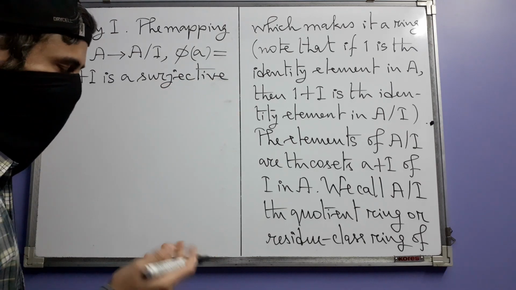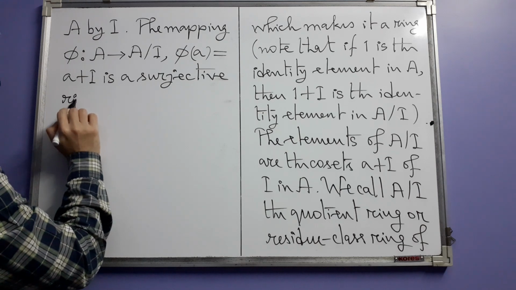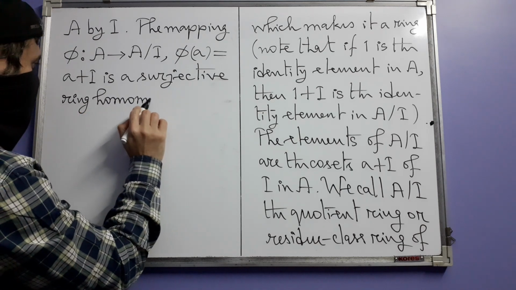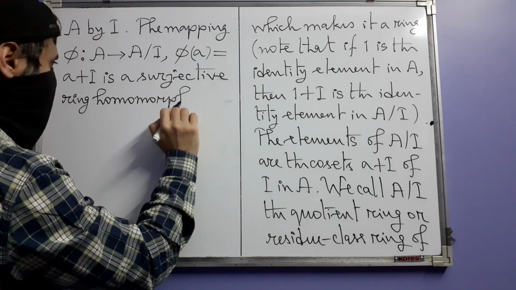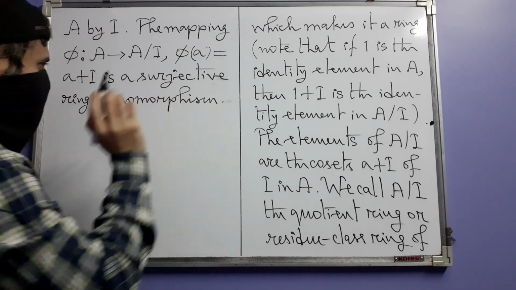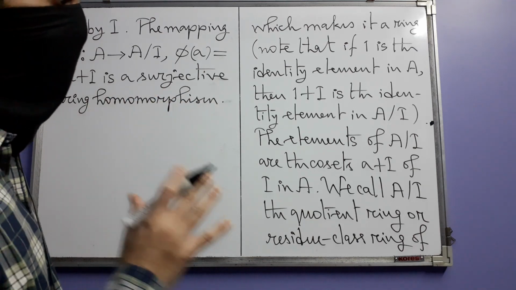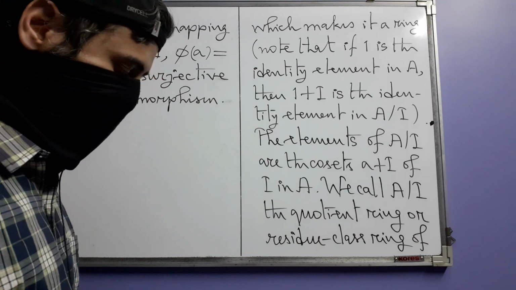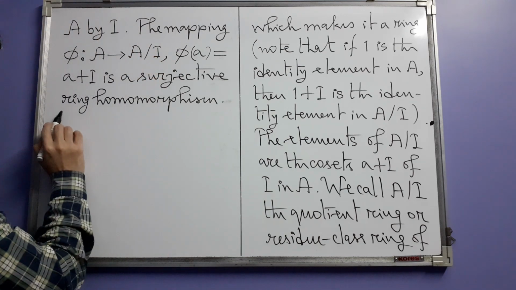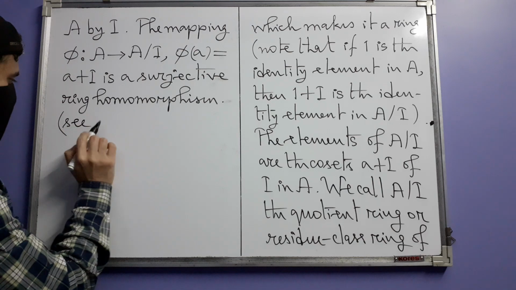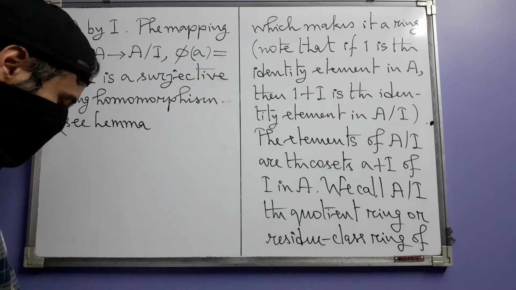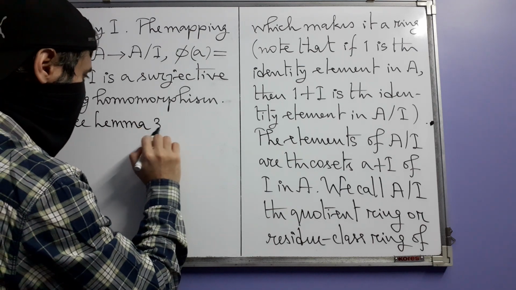Surjective means onto. Ring homomorphism. We already know this result. In fact, in Herstein's algebra, this is lemma 3.4.1.